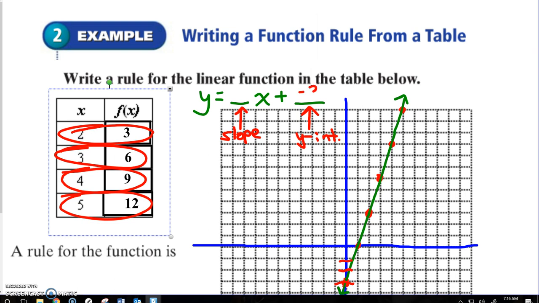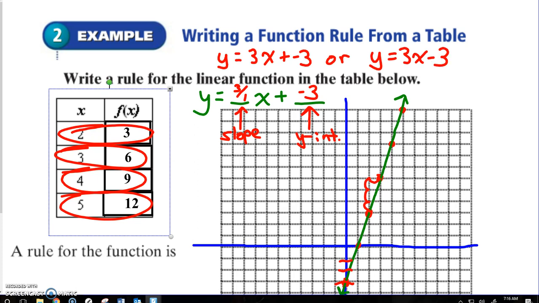So my y-intercept is -3. And I know my slope is to rise 3 and run +1. So the slope is 3 over 1, or plain 3. So I could write this as y equals 3x plus -3. Or maybe I write it as y equals 3x minus 3. It means the same thing.